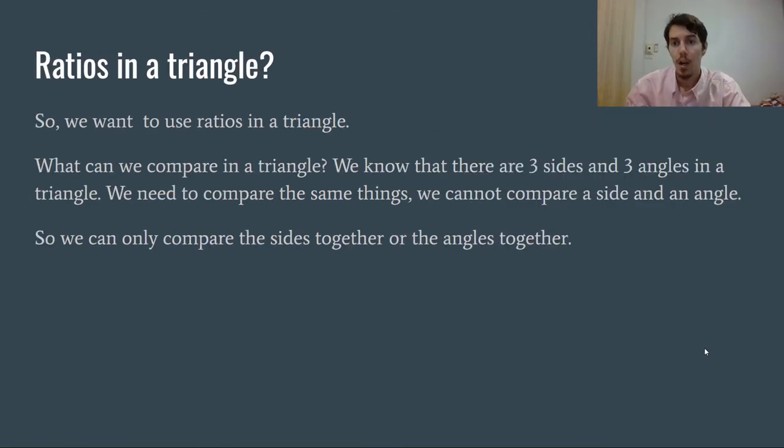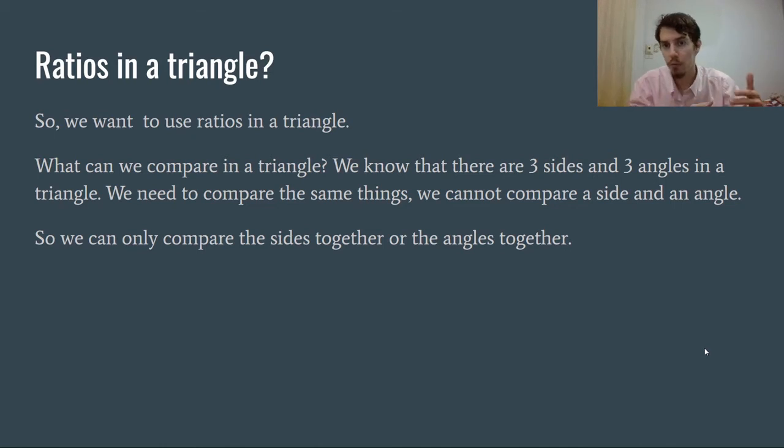All right, cool. So now you know what is a ratio, and we want to use the ratio in a right triangle. So what can we compare in a right triangle? We know that a triangle is made of sides. There are 3 sides and 3 angles, and we know that to make a ratio, we need to compare the same kind of things. So we cannot compare an angle and a side.